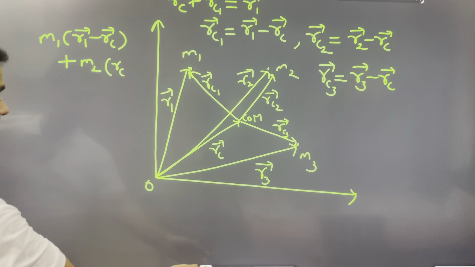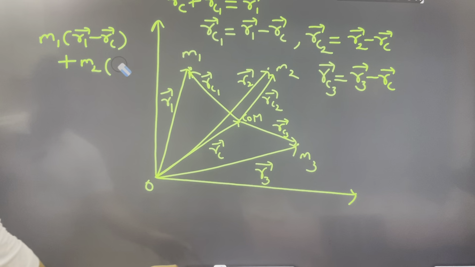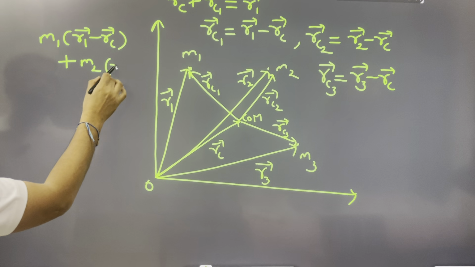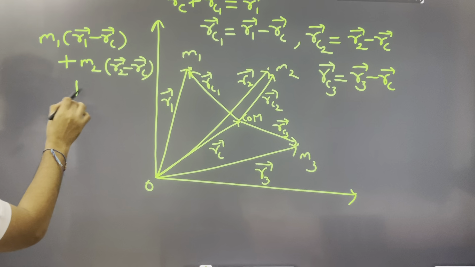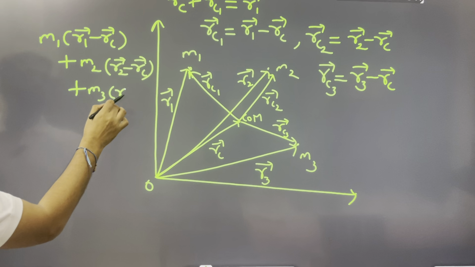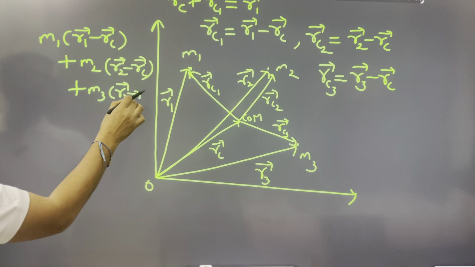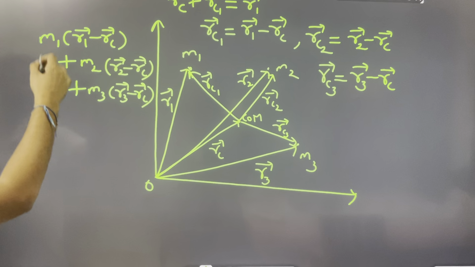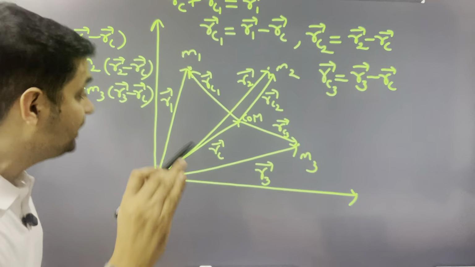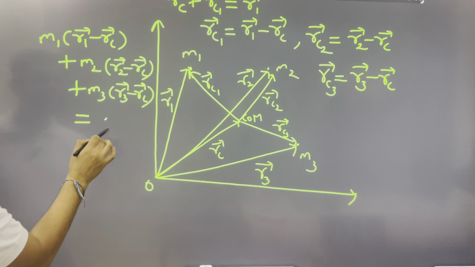RC2 vector we can write as R2 vector minus RC vector. Correct? Plus M3 into R3 vector minus RC vector. I took the sum of all the mass moments, and then we equate it to 0.